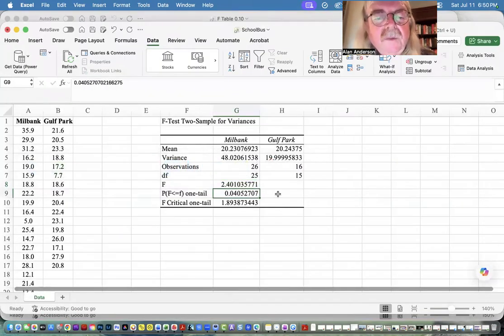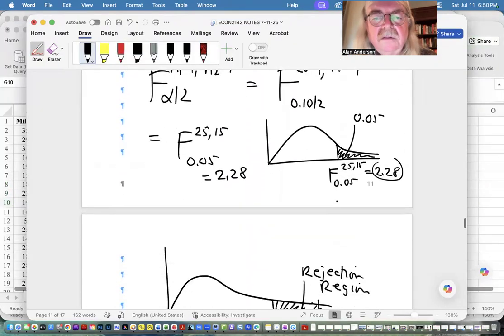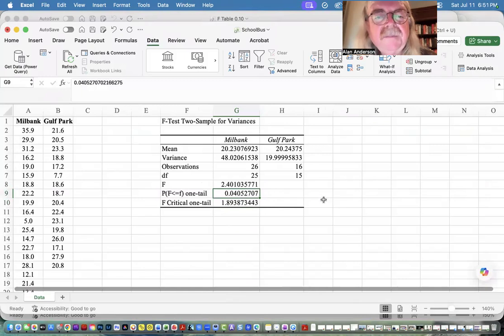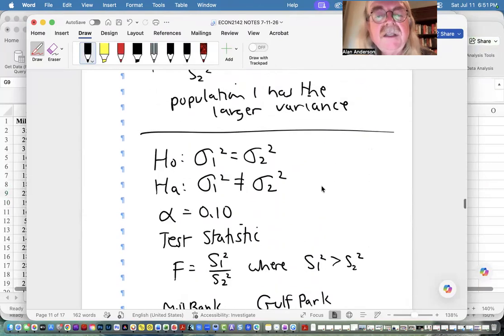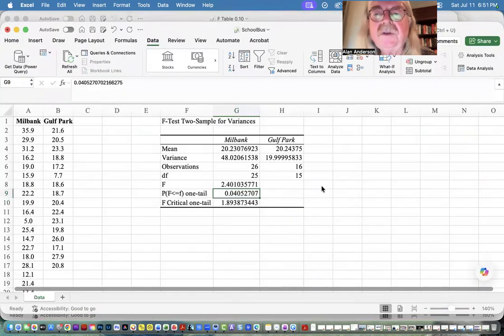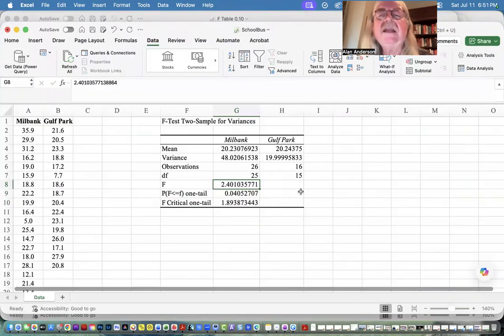And then we have a p-value. Oh, I see. That's only for one tail. We had two, so we'll stick with this part. All right. So again, if you're watching this, you can save this and send it back. Otherwise, we'll go through it one more time on Monday.